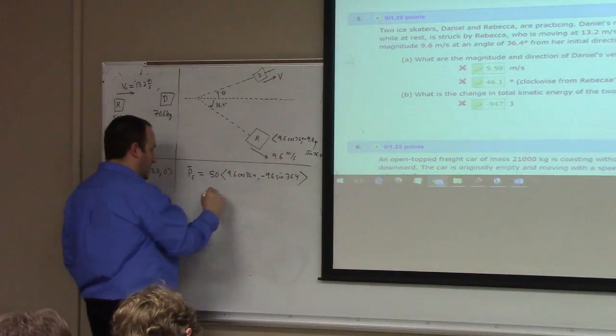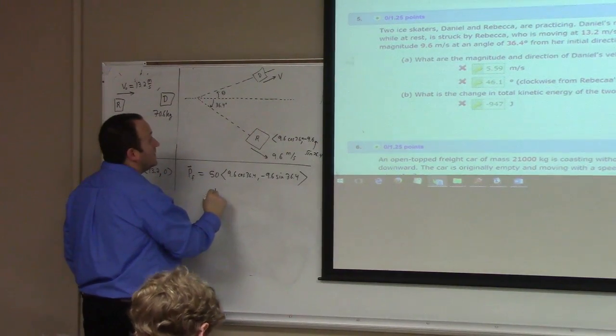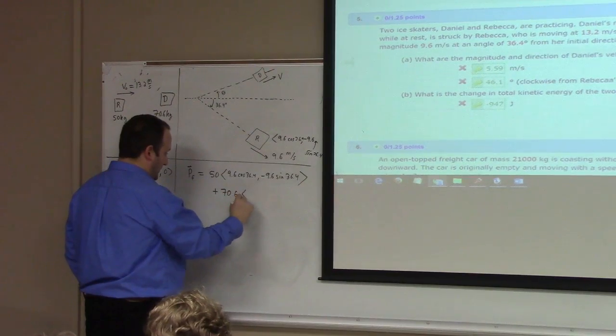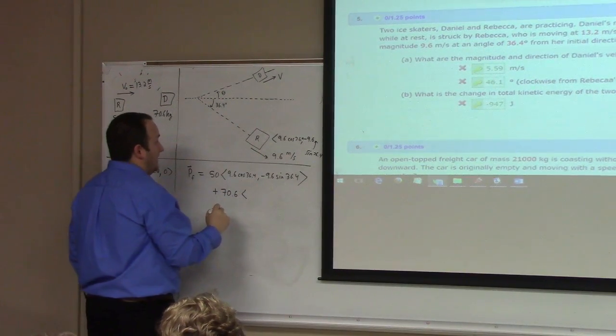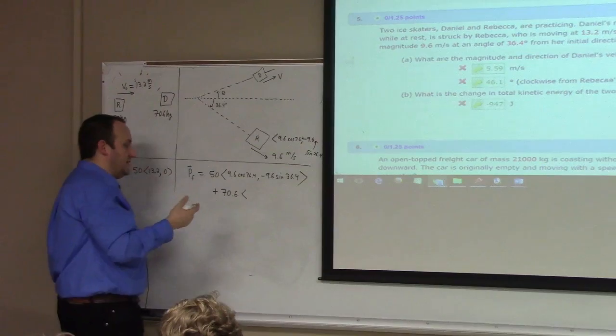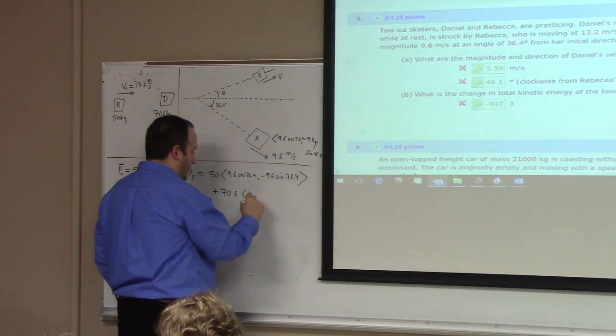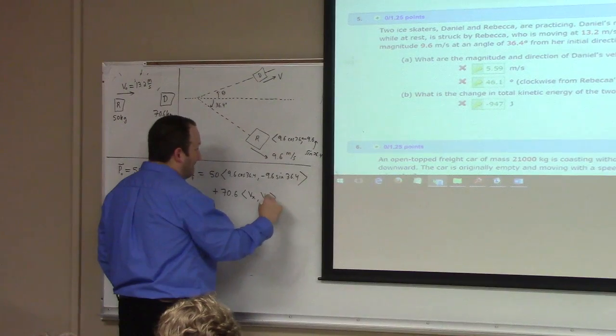And then plus 70.6 times Daniel's velocity. I could do it in terms of v and theta, but it's probably easier just to say Vx and Vy here.